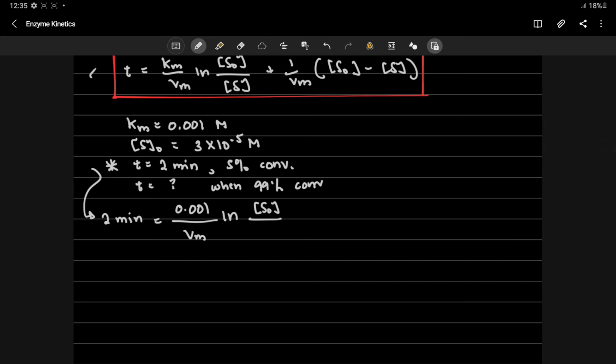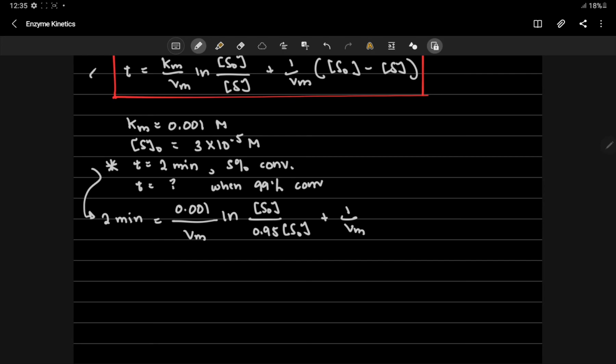But anyway, if your initial substrate concentration is SO, and then sabi natin 5% yung conversion, so at the end of that, 95% na lang of the initial substrate concentration ang natitira. Okay? Kasi 5% conversion. You might want to substitute SO, no problem, but of course, they will just cancel out. Now, plus 1 over Vm.